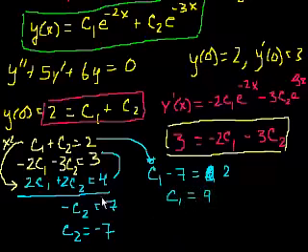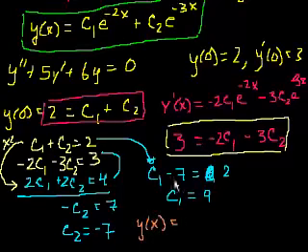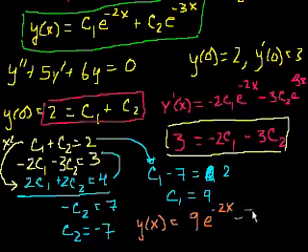And now we have our particular solution to the differential equation. This was our general solution. We can just substitute our C1 and our C2 back in. We have our particular solution for those initial conditions. So our particular solution is y of x is equal to C1, which we figured out is 9, times e to the -2x, plus C2, which is -7, times e to the -3x.